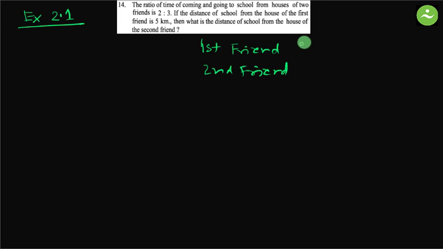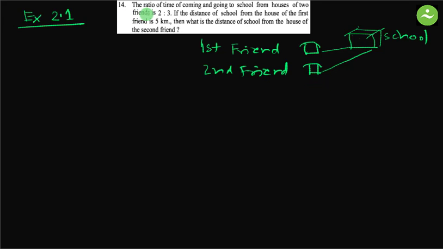First friend house, second friend house, and the school. This is the school. Distance from first friend, distance from second friend.